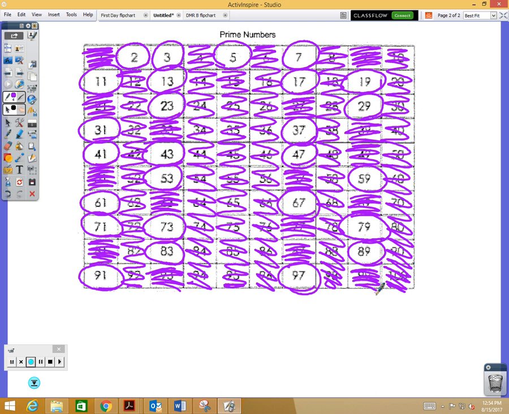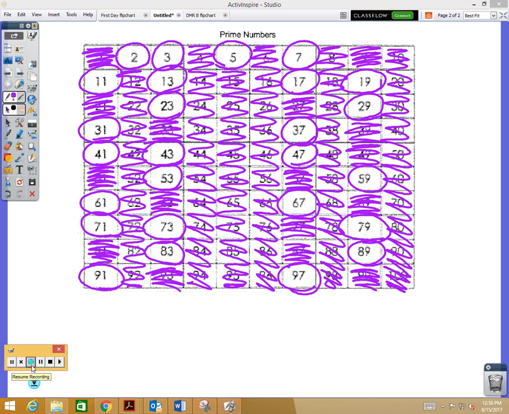You be looking at your chart, and I'm going to read off the ones that you should have circled. 2, 3, 5, 7, 11, 13, 17, 19, 23, 29, 31, 37, 41, 43, 47, 53, 59, 61, 67, 71, 73, 79, 83, 89, 91, 97.